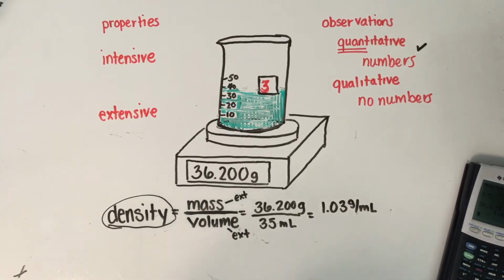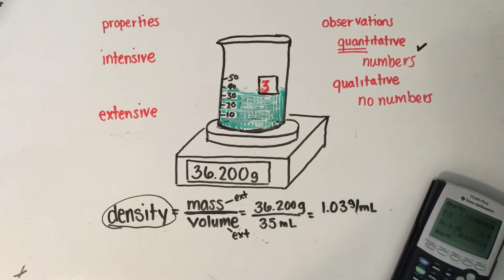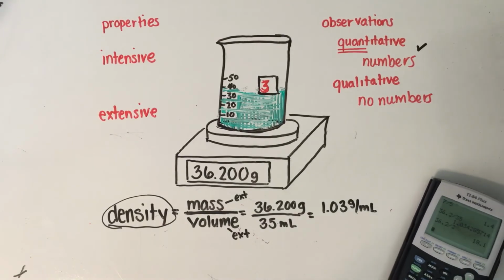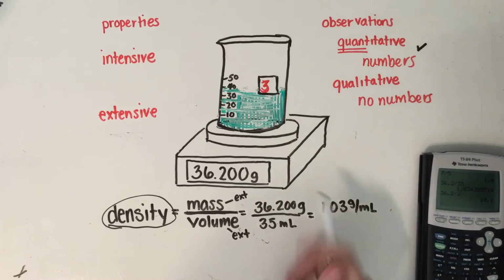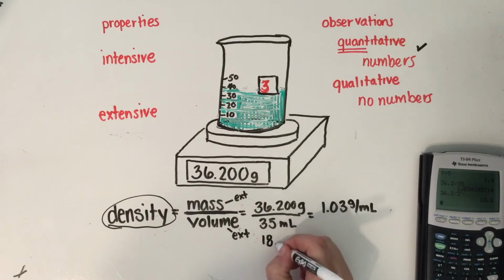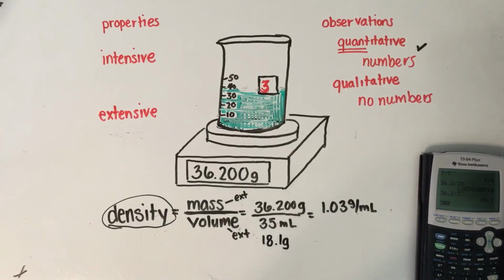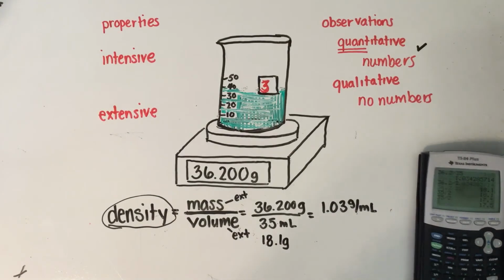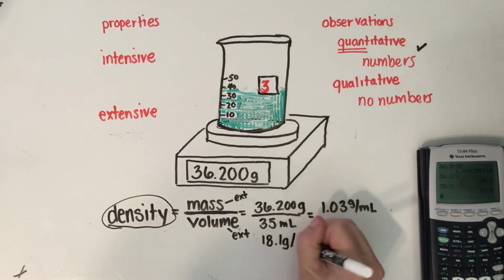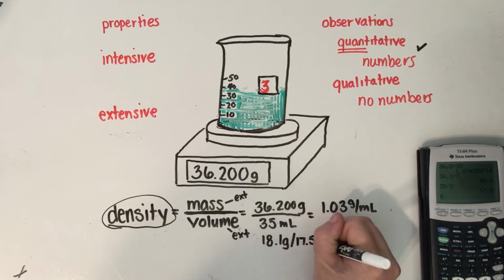Here's why. Let's say we did pour half of this out. So instead of 36.2, now it only weighs 18.1 grams. And instead of 35 milliliters, now it's 17.5 milliliters.